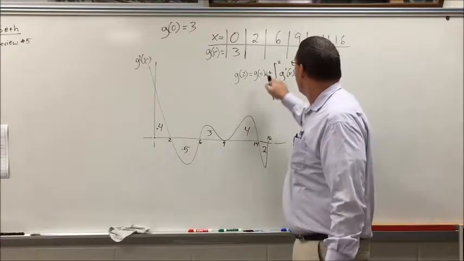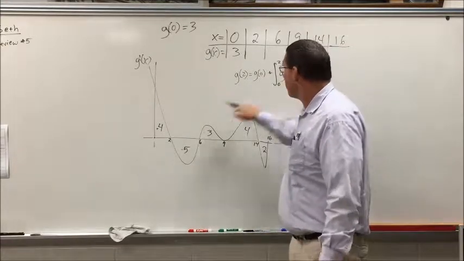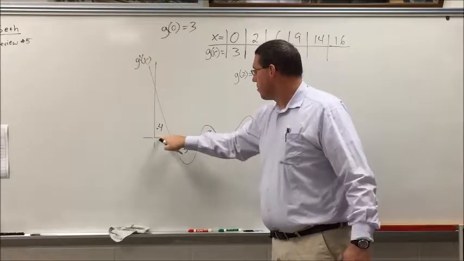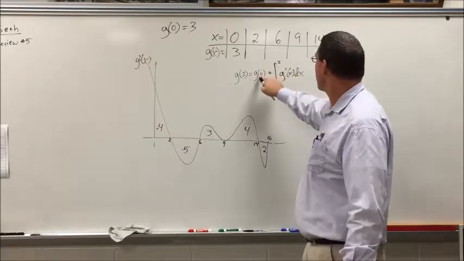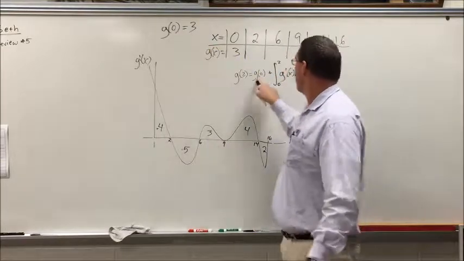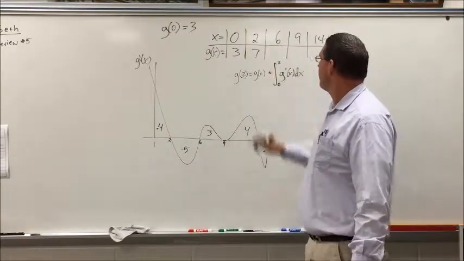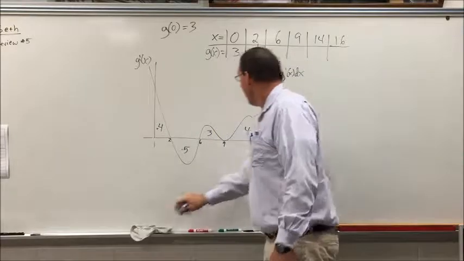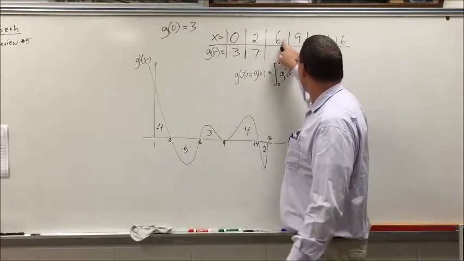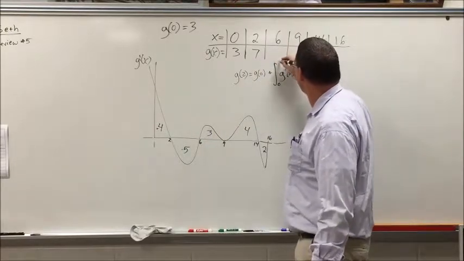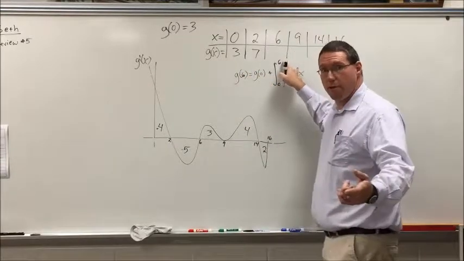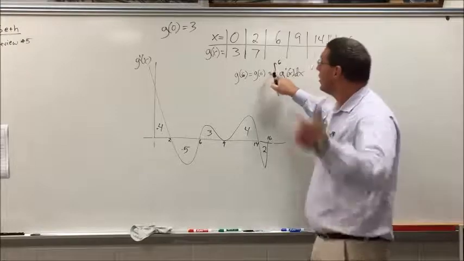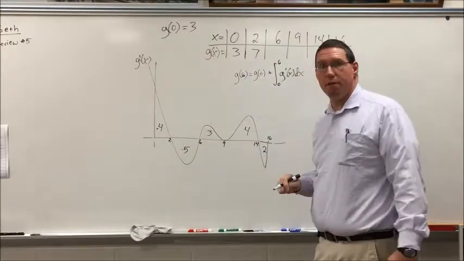So the definite integral of g prime of x from 0 to 2 is 4. We're accumulating 4, so 4 plus 3, since g of 0 is 3, is 7. Then for 6, we need the definite integral from 0 to 6 added to the starting value g of 0.